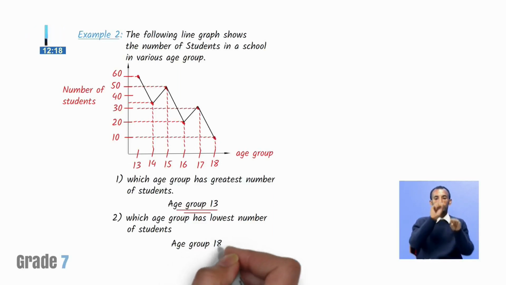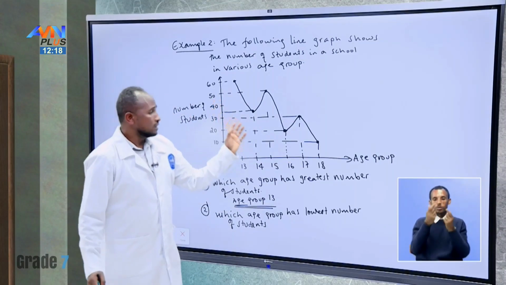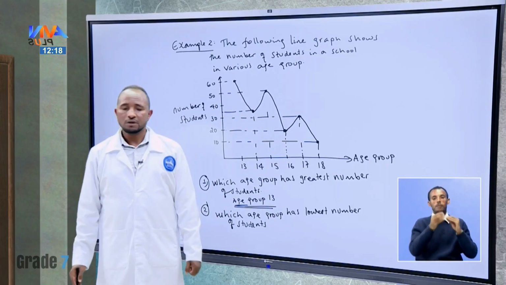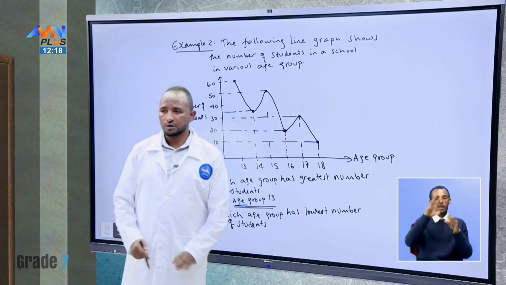So from these age groups, which age group has the lowest number of students? So please try to answer this question. I'll give you 20 seconds for this.